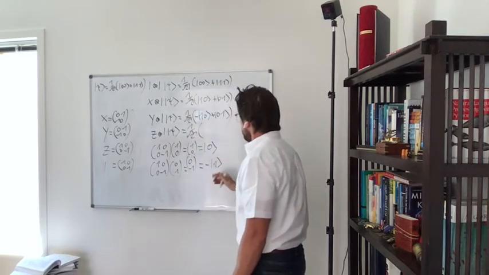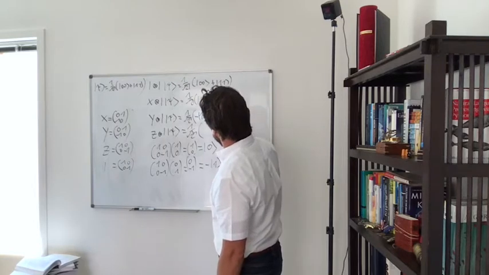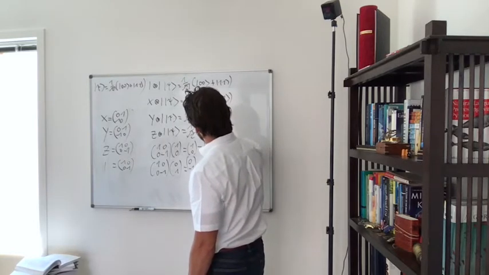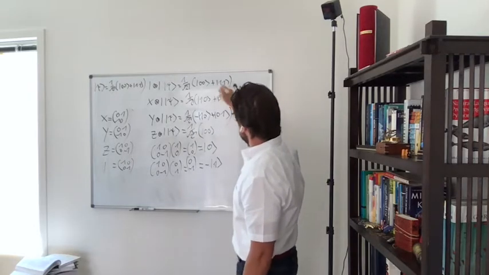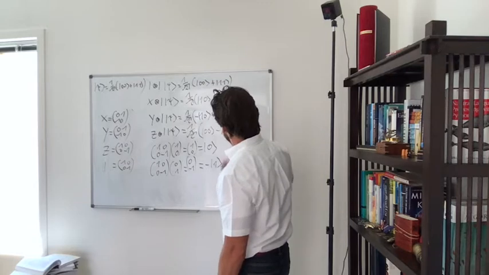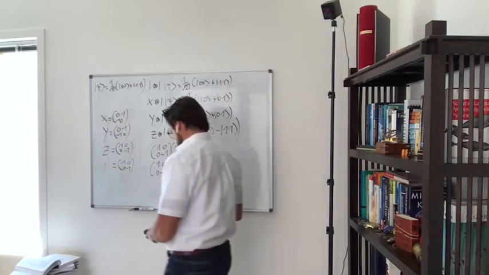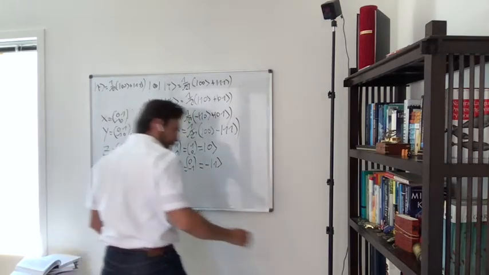For our state up here, it means, if we have a closer look, 0 remains 0, therefore we remain in that state. 1 becomes minus 1, which results in this state. All right.